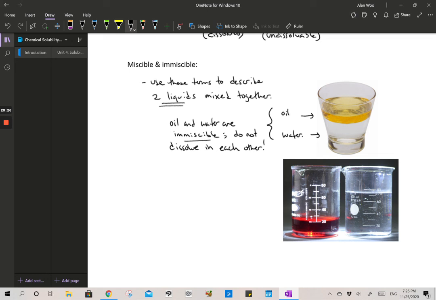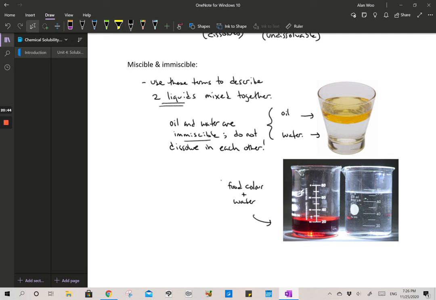On the other hand, when you have something like food coloring and water, okay, so this is food color and water, they're both liquids as well, but they dissolve in each other completely.